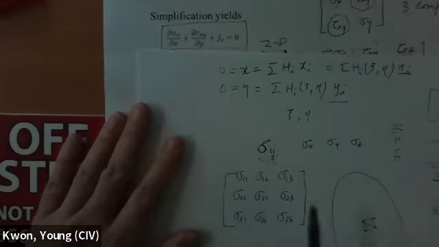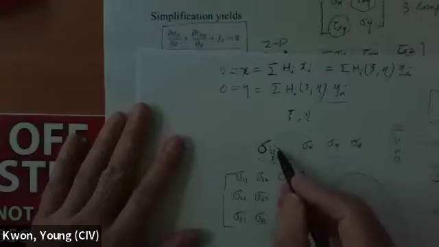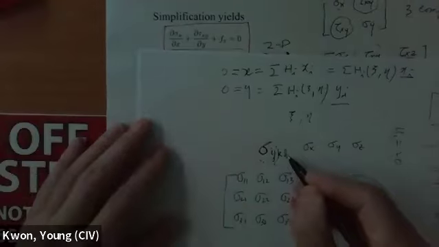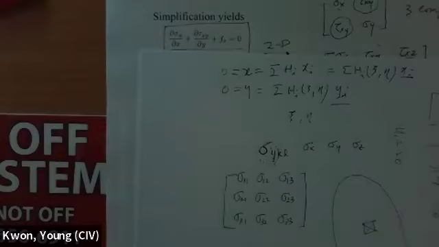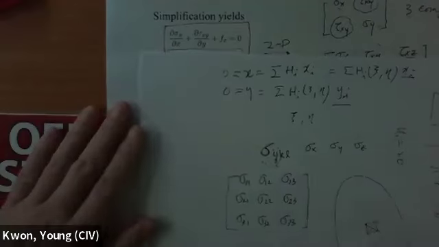So this is going to be a second order tensor. And then if you have another index, then third order tensor, fourth order tensor. In other words, scalar, vector, and matrix are special cases of tensor. So tensor is a more general term for those kinds of quantities.